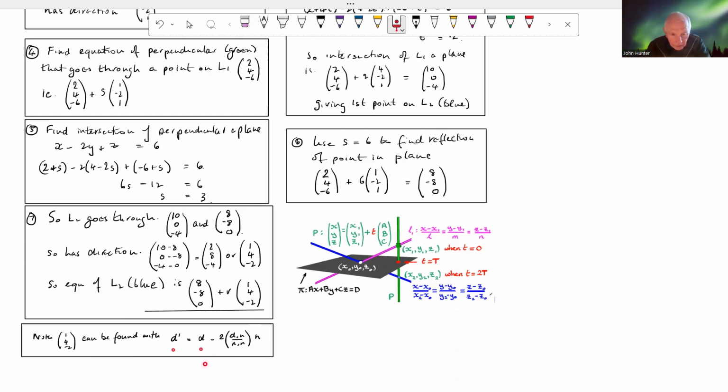That's the direction vector of the purple line, that's the normal to the plane, and these are the dot products. So you could use that. But I always think if you can solve these things without using a formula, then somehow that's better, and it saves you from having to remember a formula. So hopefully that has been useful.